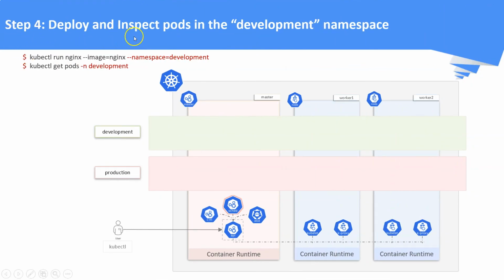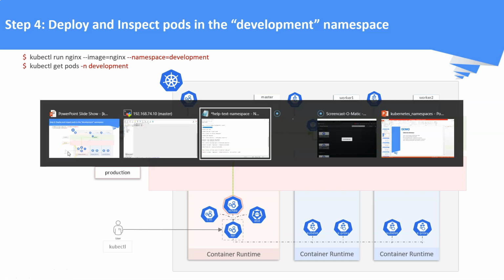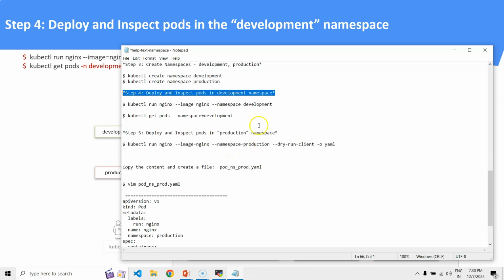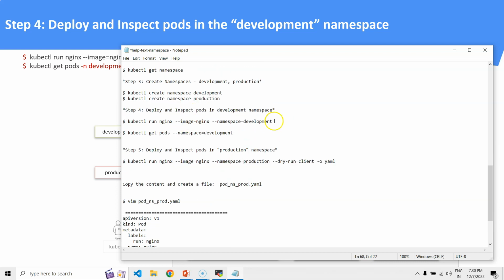Step number 4, deploy and inspect pods in the development namespace. We are going to run an Nginx pod named nginx in the development namespace.